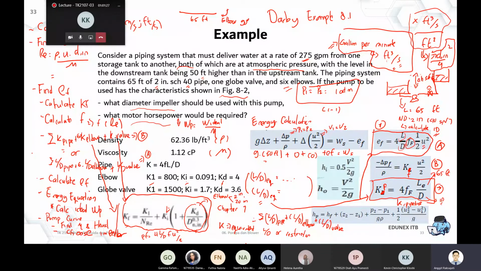The angle will be 90 degrees, but the friction will be different. That will cause a different pressure drop equivalent. That's why Darby offers the 3K correction factor to accommodate all different possible dimensions and types of fitting.